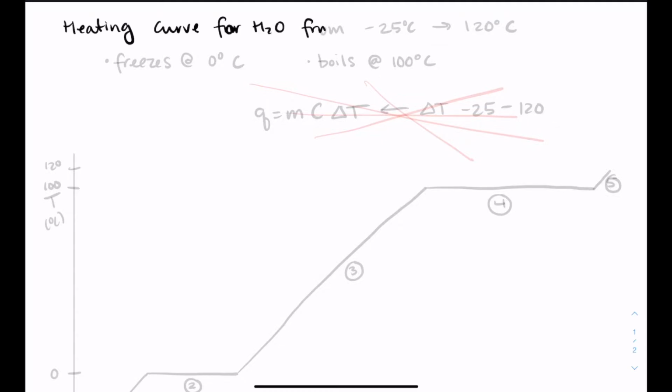And very, very often, students will immediately just use Q equals MC delta T and make the temperature change from negative 25 to 120, so that's a 145 degree temperature change. But this doesn't work because of the phase changes.